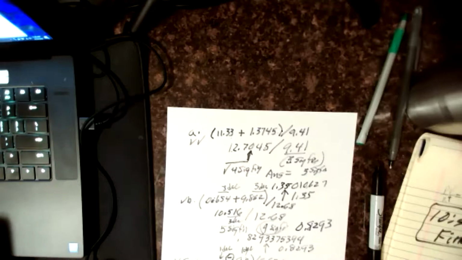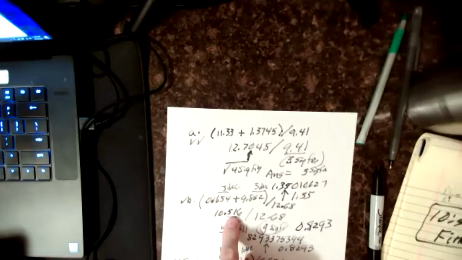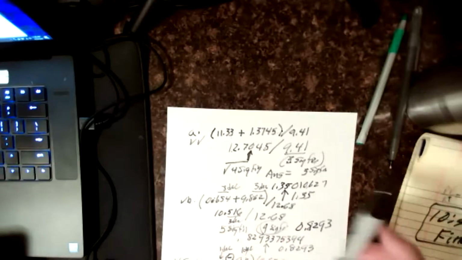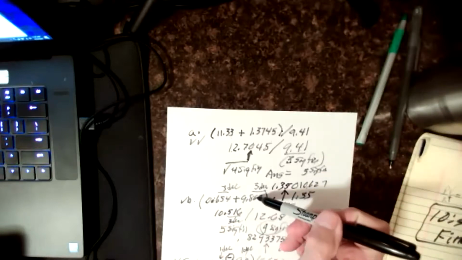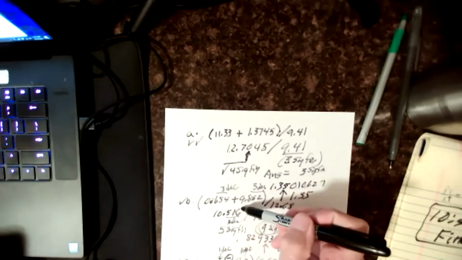Now, the next one is 0.654 plus 9.862. That is 10.516. That's what I got. We had 3 decimal places and 3 decimal places, 3 decimal places.